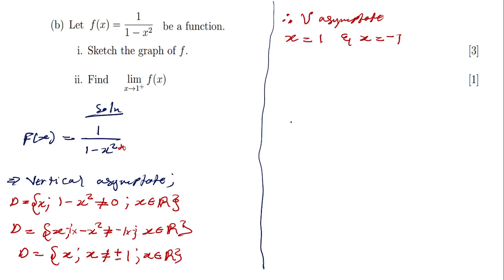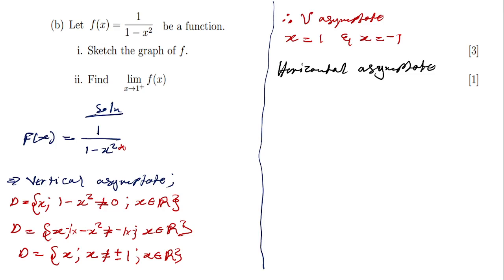Okay, the horizontal asymptote here. For you to have much information about the horizontal asymptote, go and watch the video on how to find the inverse of a rational function.